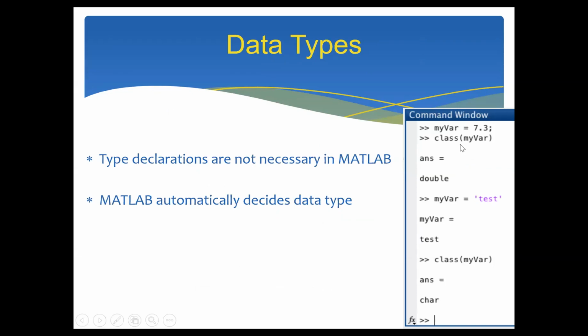You can check its type by typing class, my variable. It gives what the data type is. If it's a value, it's a double value. Double means it's a type of numerical value with certain precision. And if you have a string, then the class will give you char, so it's a character.